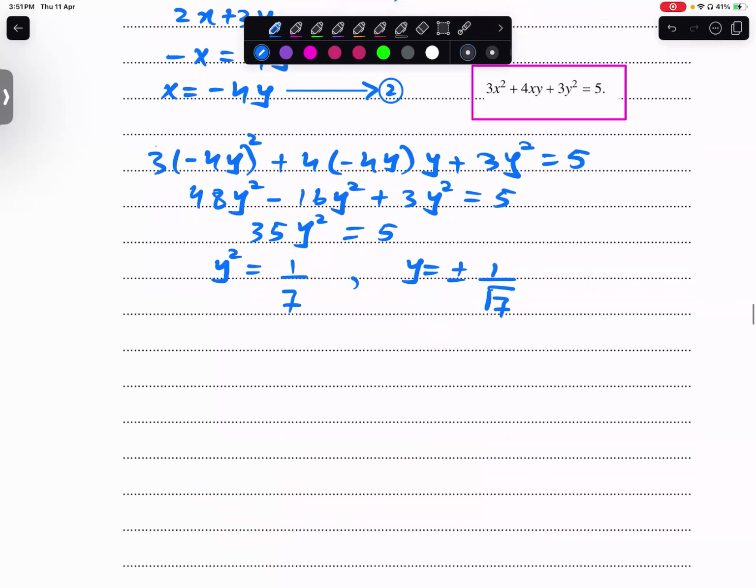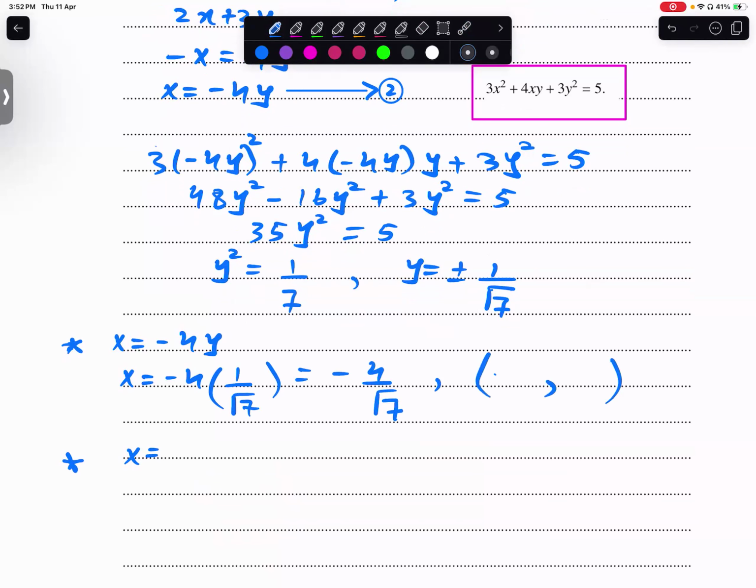Anyway, now we have y is equal to plus minus 1/√7. Now again you will find the values of x. Now x was minus 4y. So if you write minus 4, one value of y was 1/√7. This will give you minus 4/√7.